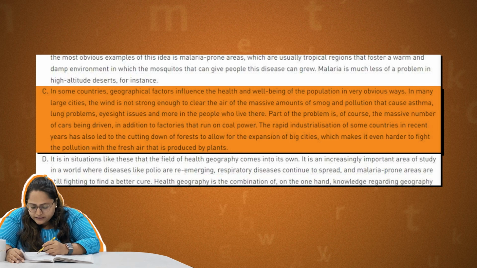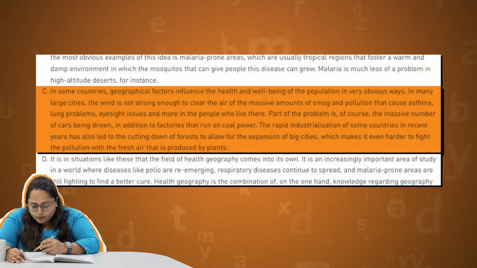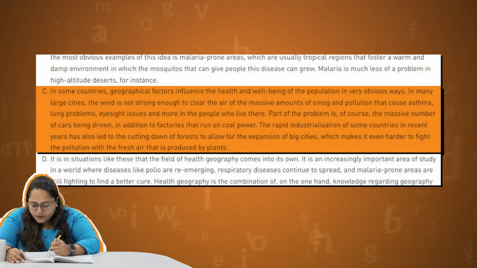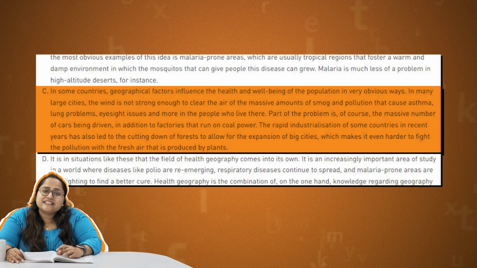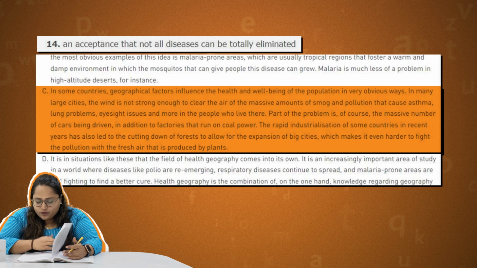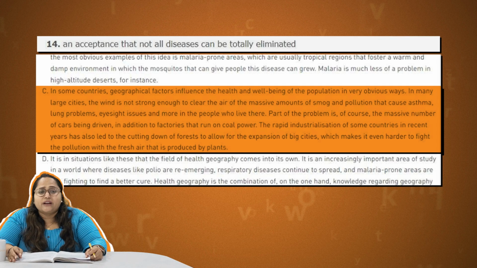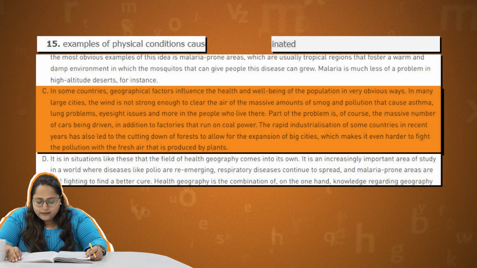The rapid industrialization of some countries in recent years has also led to cutting down of forests to allow the expansion of big cities, which makes it even harder to fight the pollution with the fresh air that is produced by plants. Now these things are done by human beings. Now let's go ahead and match. Again here they are not talking anything about elimination of any particular disease or not even about the acceptance that it cannot be eliminated.